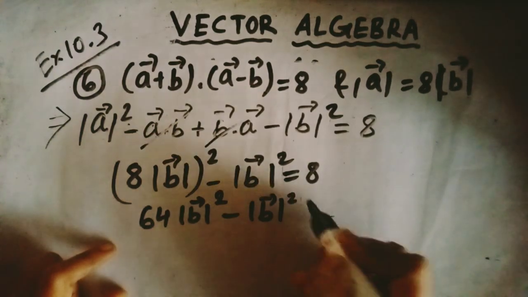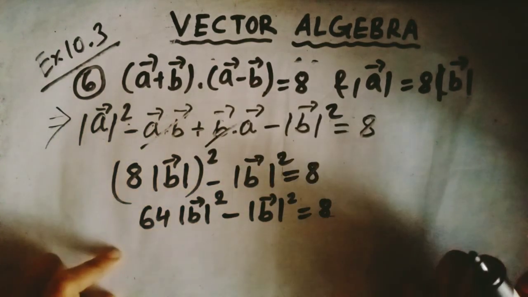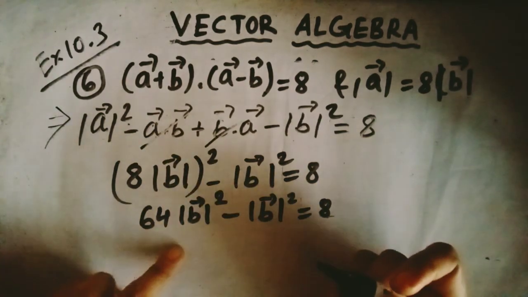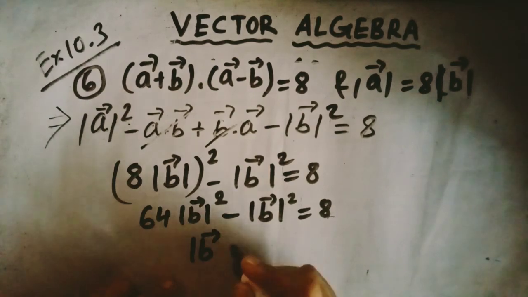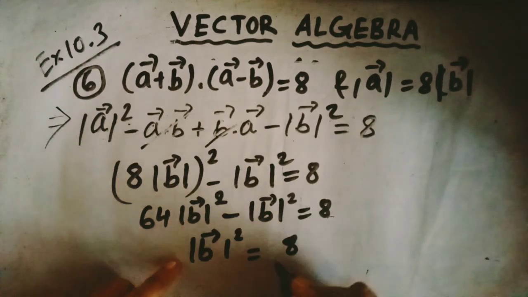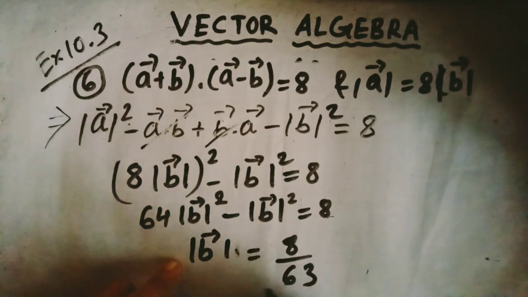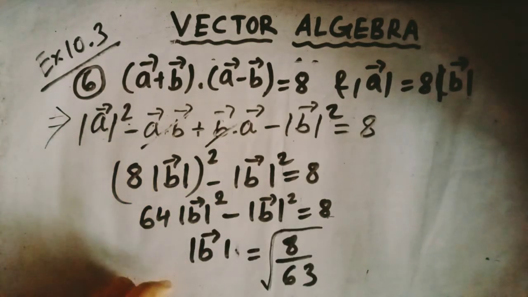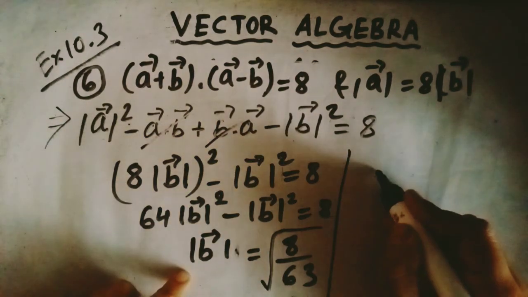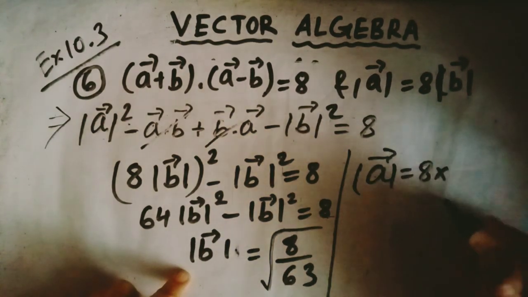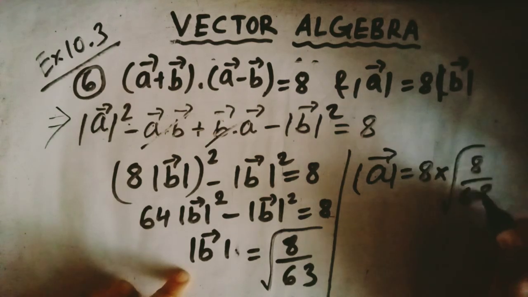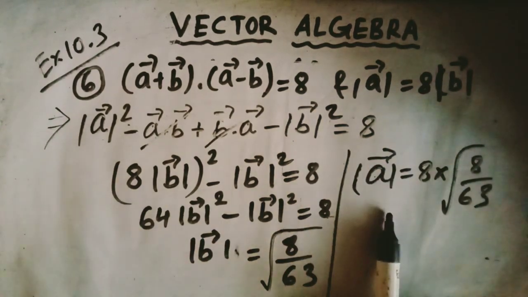So 63 magnitude of B square equal to 8. So magnitude of B square is 8 upon 63. So square goes, root comes. Okay, so this is your magnitude of B. So you can put this value in the second condition. So 8 into root of 8 upon 63. So this is your magnitude of A.